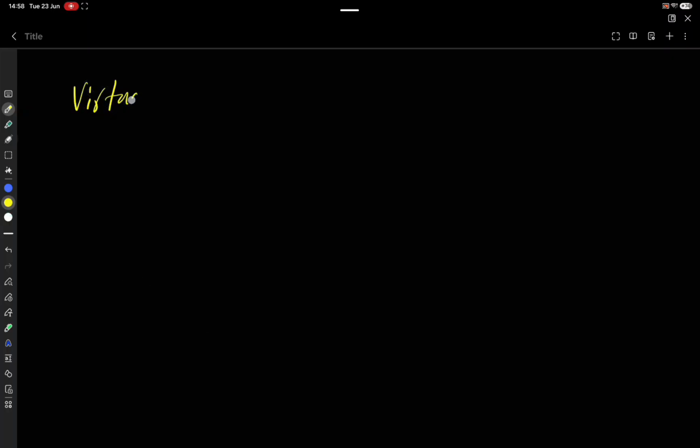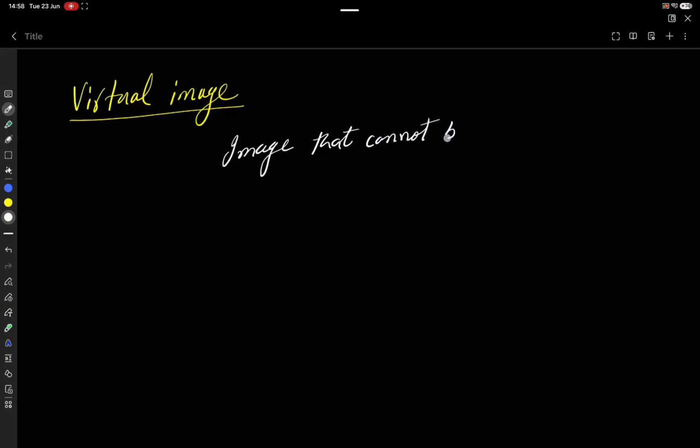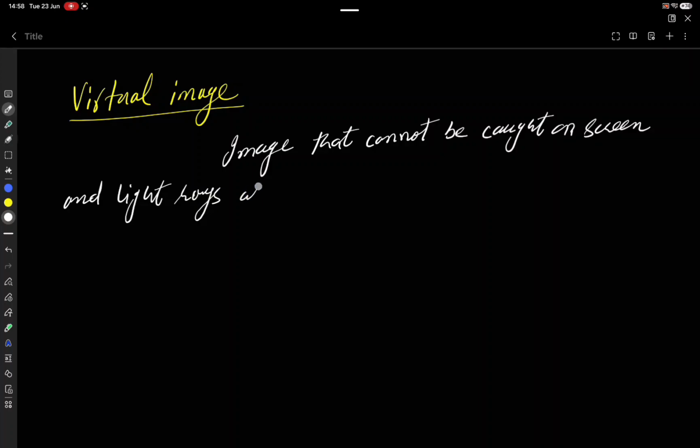Virtual image: image that cannot be caught on a screen, and light rays appear to come from an image. Only our brain perceives that an image is formed; in reality it is not formed.